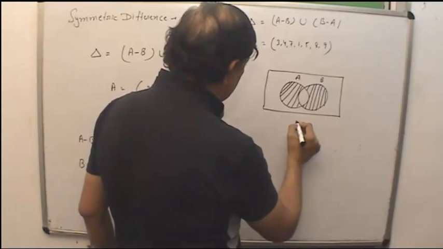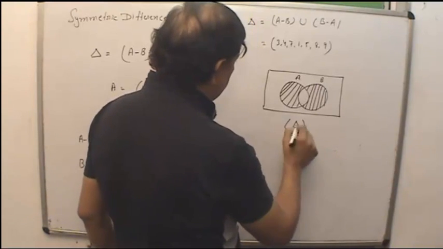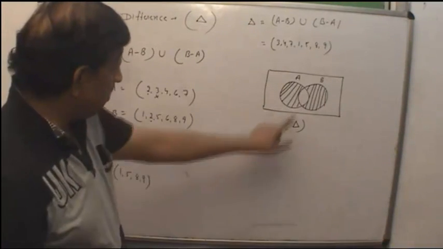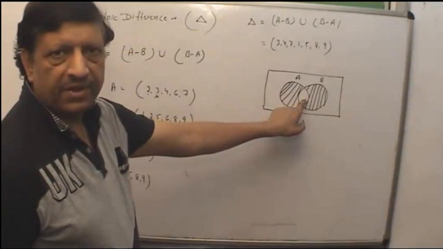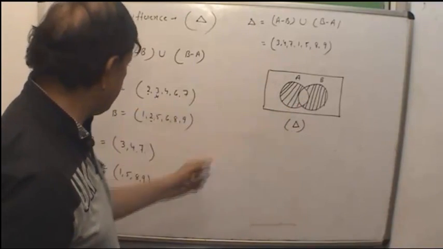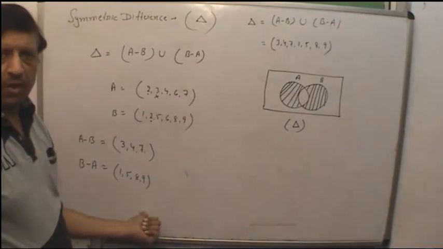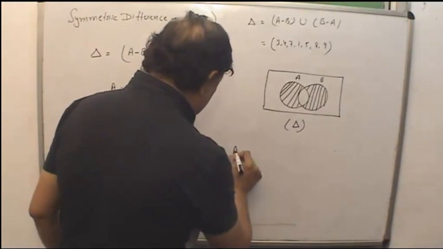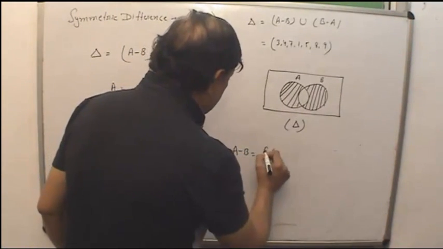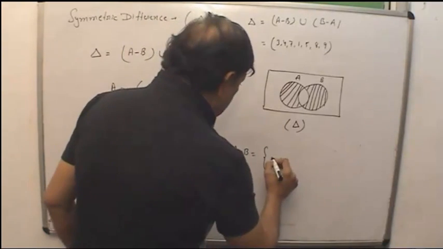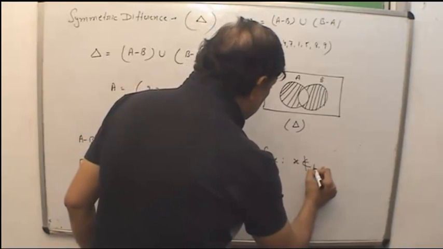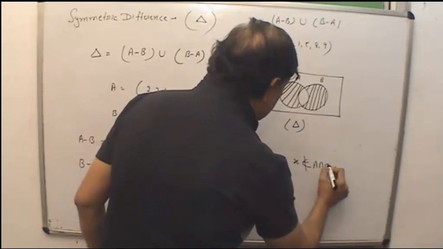It is the diagram for symmetric difference delta. See, here the intersection is empty. It means there is no element in the intersection. So we can write it in the set builder form like this: X is such that X does not belong to A intersection B.